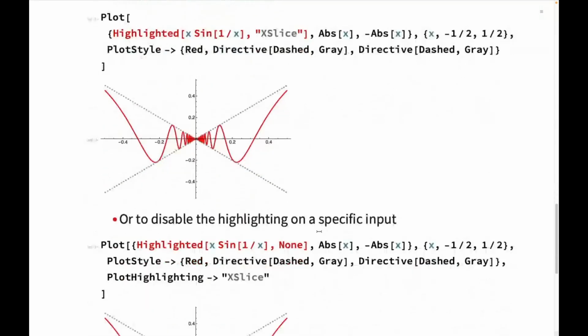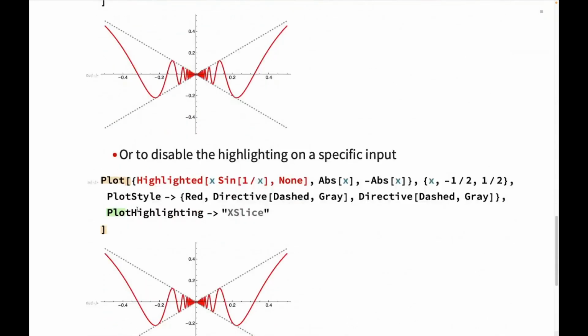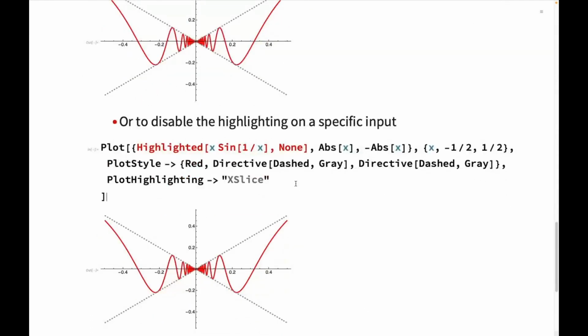Vice versa, what if I have a PlotHighlighting set up for the whole plot, and I don't want one of the curves to have the highlight? Then you can use Highlighted goes to None to disable it. For example, I have the PlotHighlighting option set up for the whole plot, and I set Highlighted None for the first curve.